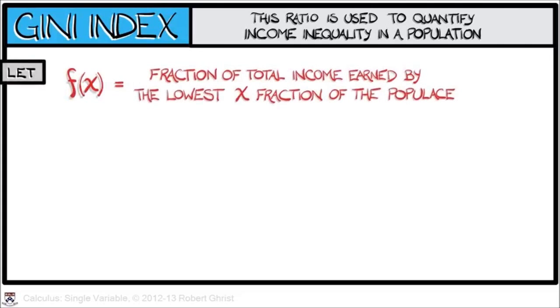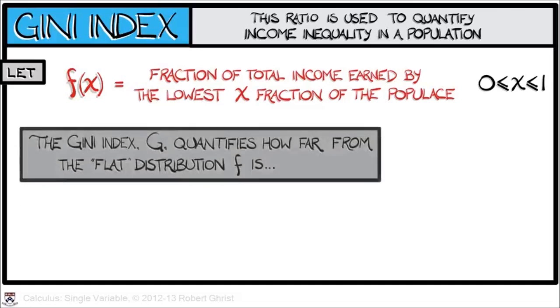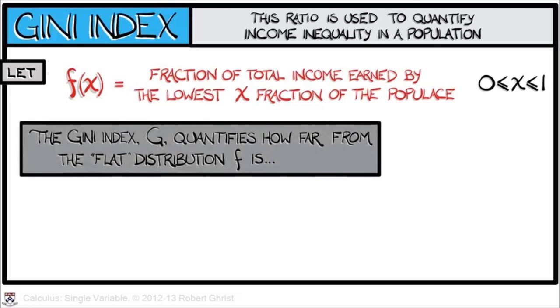Let us denote by f of x the fraction of the total income earned by the lowest x fraction of the populace. The domain is x goes from 0 to 1, and you should think of x as a percentage of the population, and f of x as the amount of income earned by that lowest x percent.